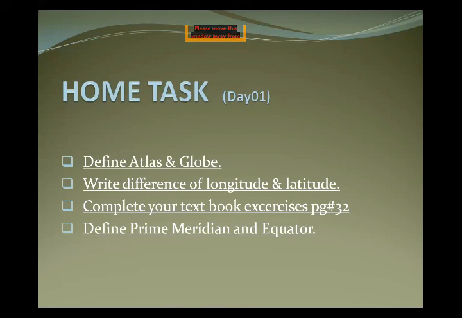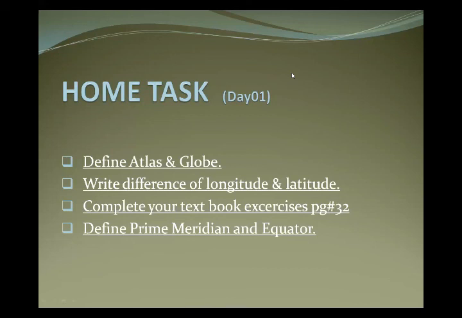A globe is a three-dimensional scale model of the earth. As we see in our libraries, and as I mostly show you in class, the model of earth. On the globe, there are blue and brown colors. The blue area shows seas and oceans, and the brown area is dry places. The globe is a spherical model of the earth or some other celestial body. Okay, this is the definition of globe.